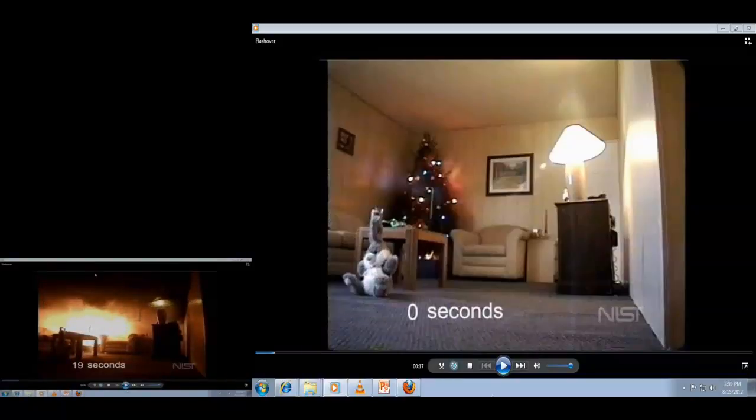So on the order of 19 seconds, we see that there's this dark, hot upper layer. So this is typically called the upper layer in compartment fire analysis, that has now caused ignition and flame spread to adjacent fuel packets. So this sofa over here is on fire. This chair here is on fire. And so let's continue.